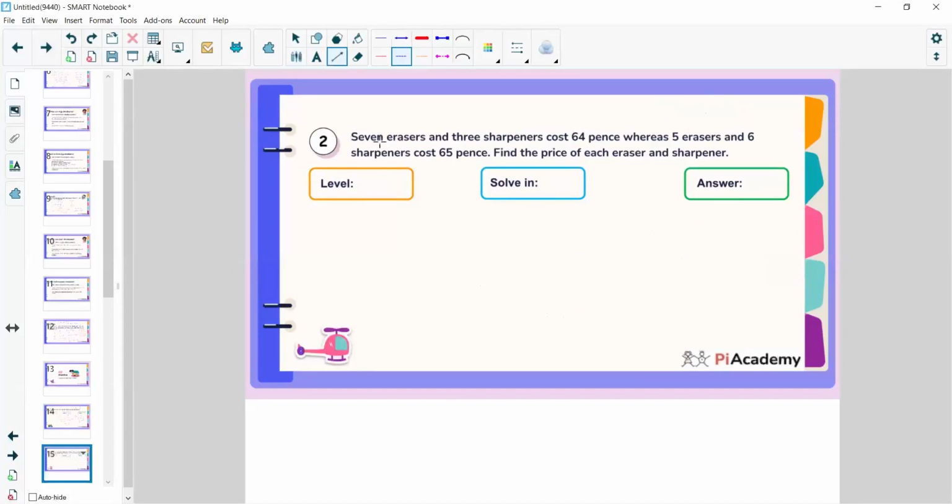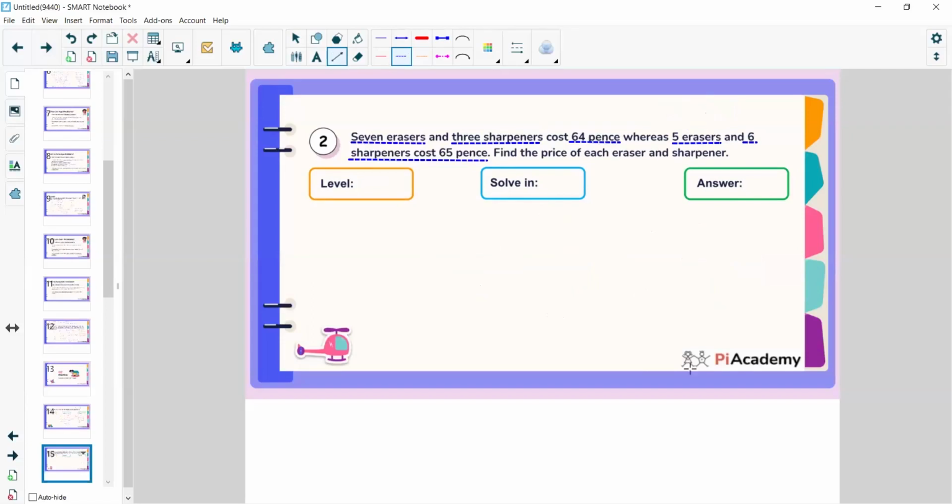7 erasers, 3 sharpeners, cost 64 pence. 5 erasers and 6 sharpeners cost 65 pence. You need to find the price of each eraser and sharpener. Now, what can be done in this problem? What type of problem is this, first of all?